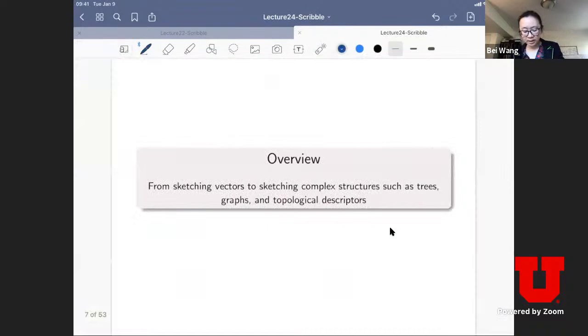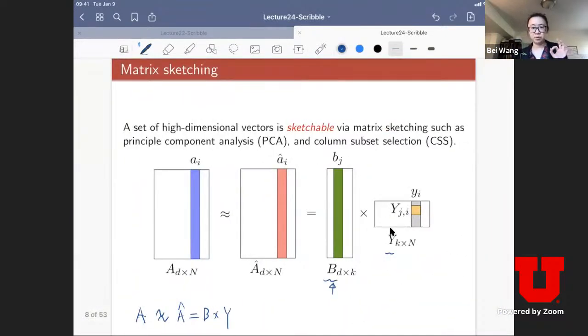But column selection, which is a different type of matrix sketching, formulates the columns of B by selecting them among the columns of capital A. So in a sense, the bases that we are choosing are a subset of the elements of the original input. That's called column selection. Literally, our basis is selected among the input high dimensional vectors. Okay, any questions so far?